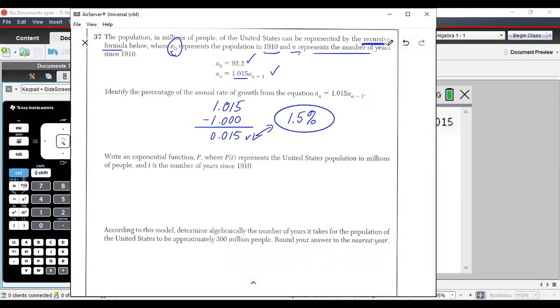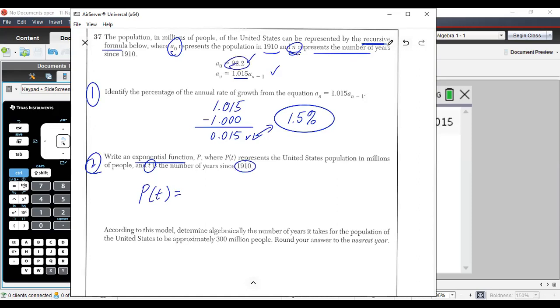Now, the second part says write an exponential function where P of t represents the population in millions, where t is the number of years. So instead of n for the number of years, now we're going to make it t. So we're going to have P of t equals. Now we need the initial population in 1910.